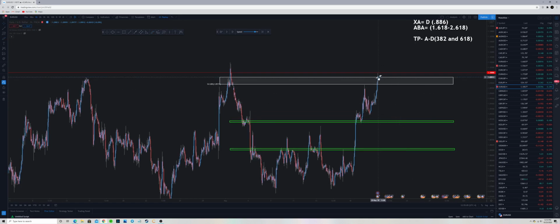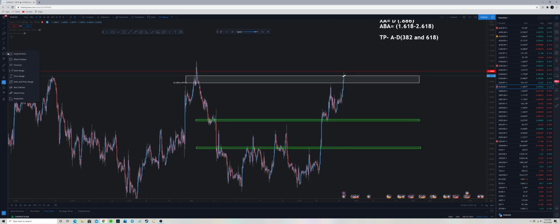So we have an entry right there. I mean, the risk to reward is good. Where will my stop loss be? Above this high, above this first high.